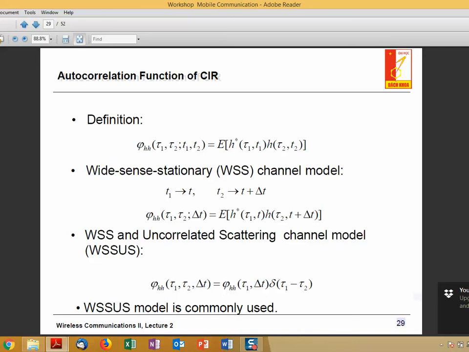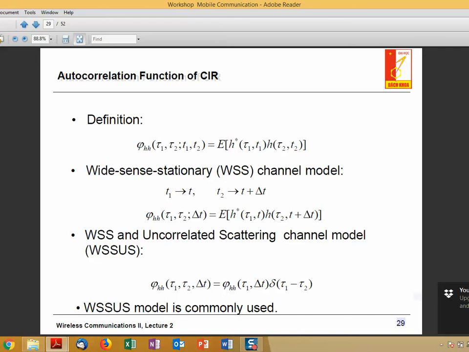It is the expectation of the channel response observed at time delay tau 2 and observed time T2.